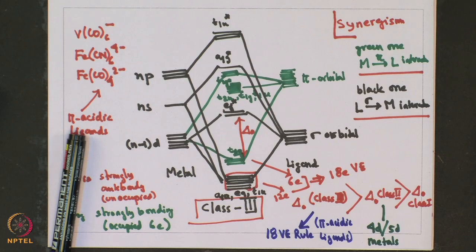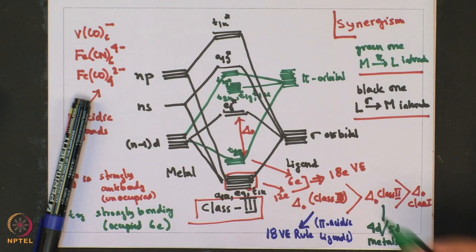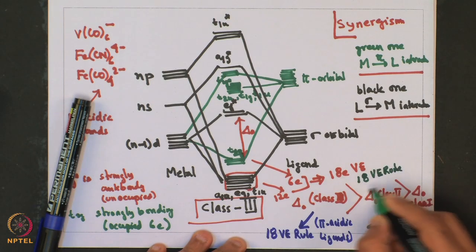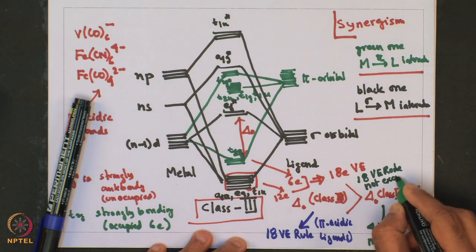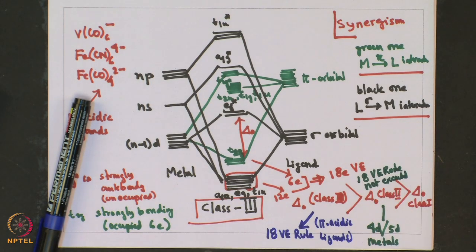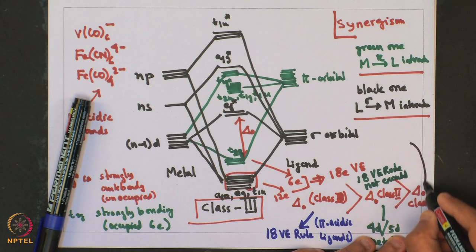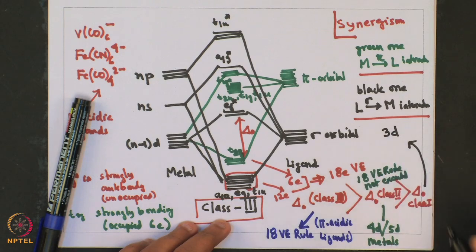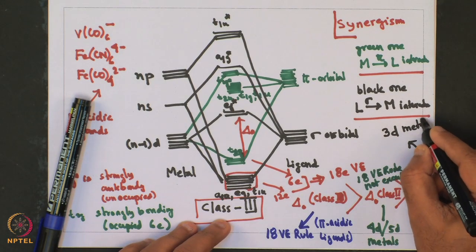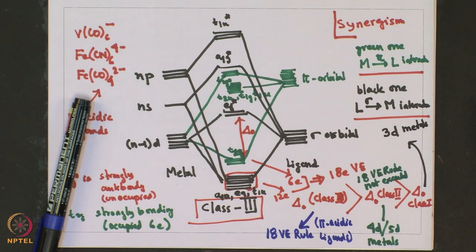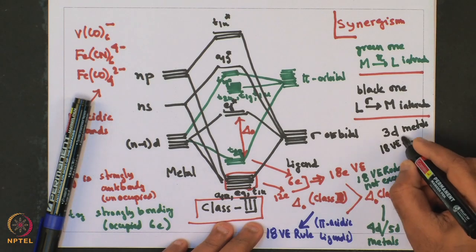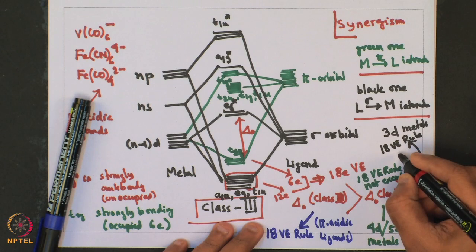In this case, the 18 VE rule is not exceeded. And lastly, class 1 type of compounds are mainly observed for 3d metals, and the 18 electron rule is not followed.